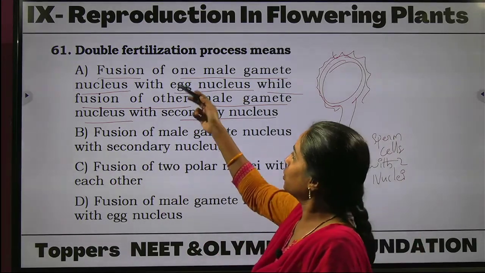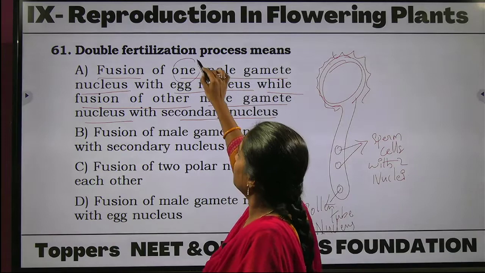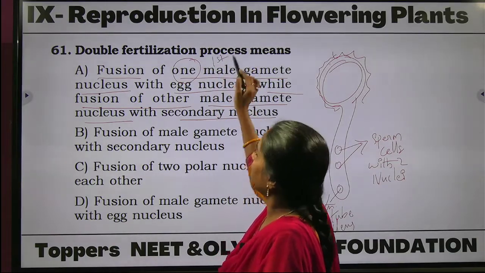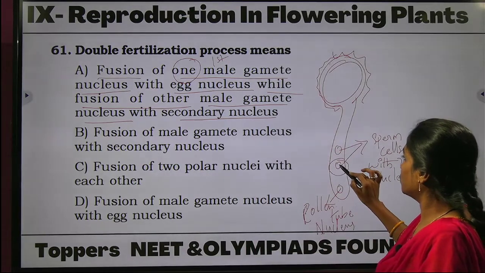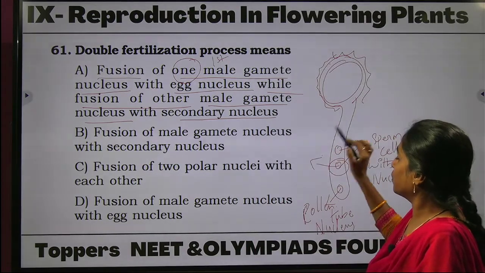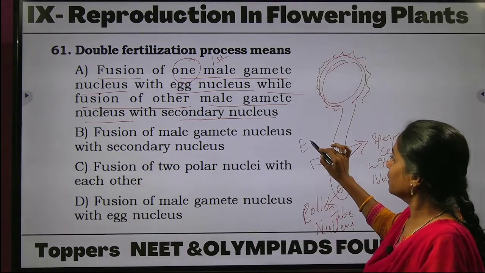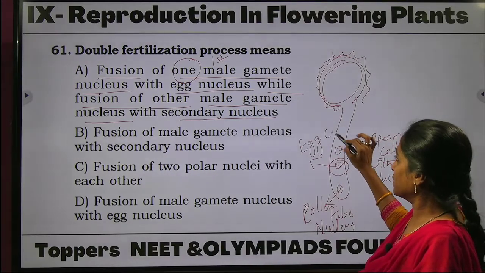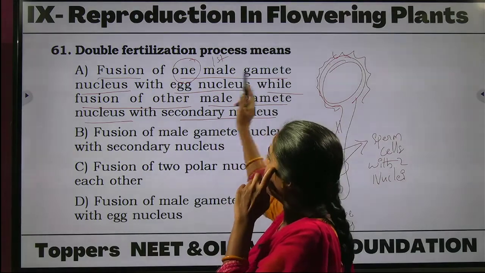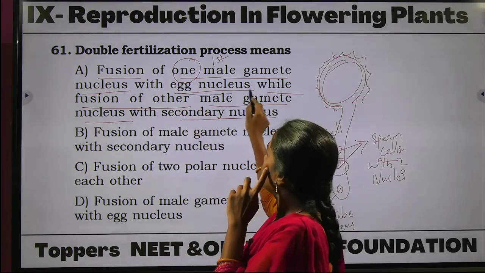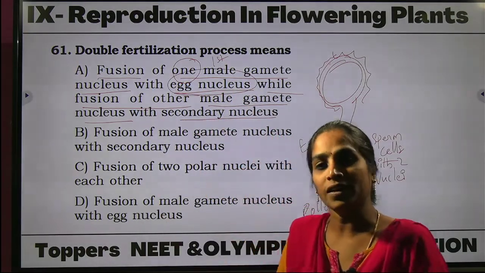Fusion of 1 male gamete means the first sperm cell. This first sperm cell will be fusing with the nucleus of the egg cell. That is what is given here, fusion of 1 male gamete nucleus with the egg nucleus. The egg nucleus is present in the egg cell.